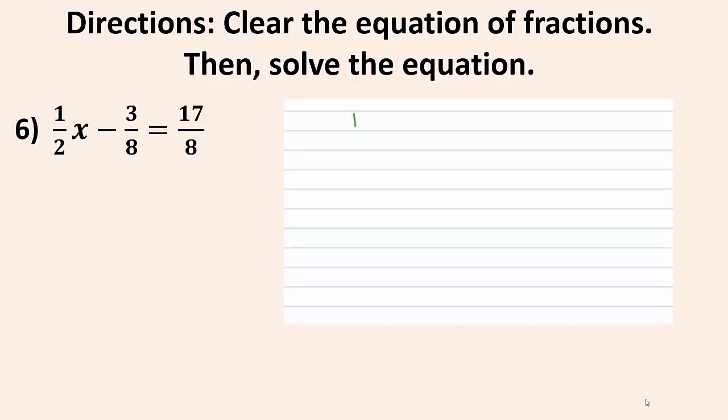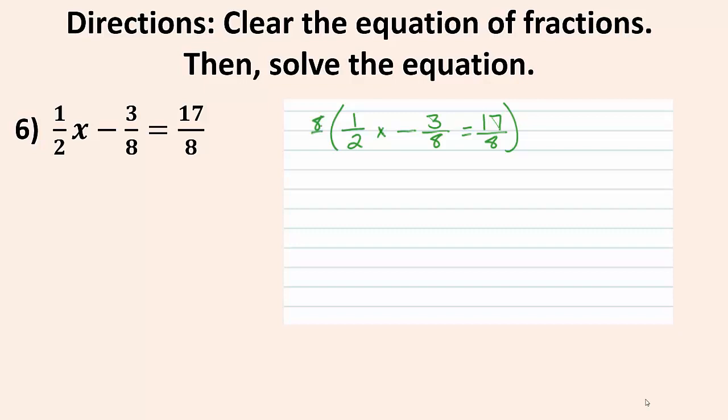So we have 1/2 x minus 3/8 equals 17/8. And we have an even number, so we can see very clearly that 8 is going to be our least common denominator. So we're going to multiply the entire equation by 8.